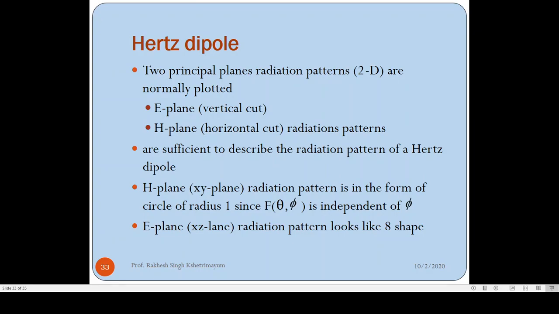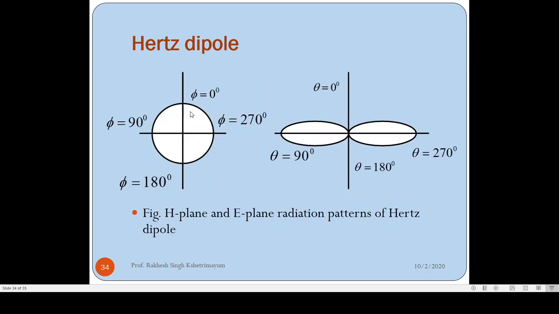Now once you have this E plane and H plane pattern, we are interested in, let's say, the 3D pattern. You can achieve it. For example, in this case for Hertz dipole, the H plane pattern looks like a circle. That means along the phi direction there is no change in the field variation. Field is constant, so it's almost like a circle.